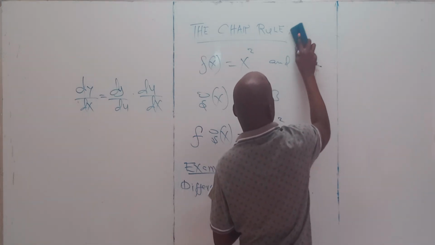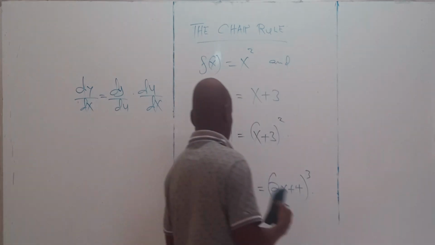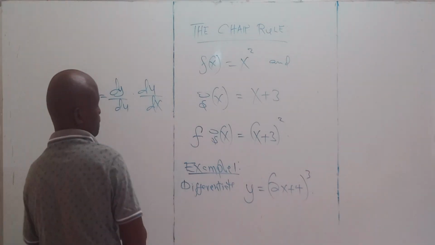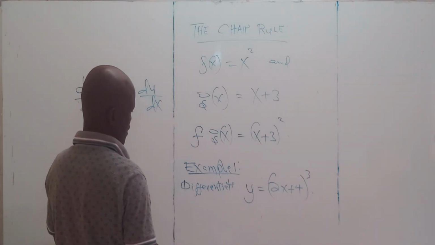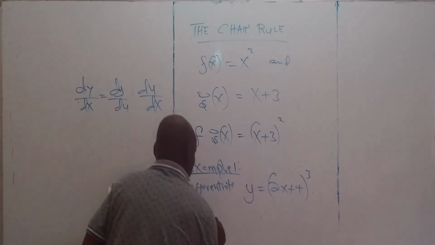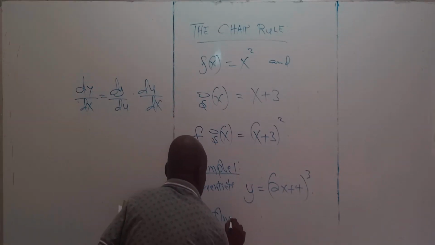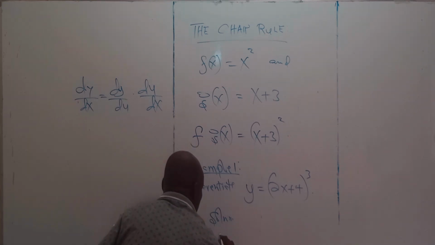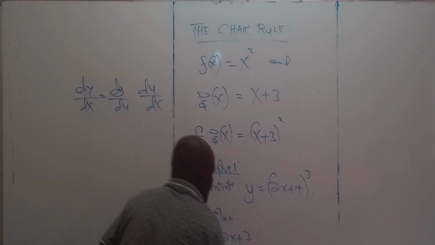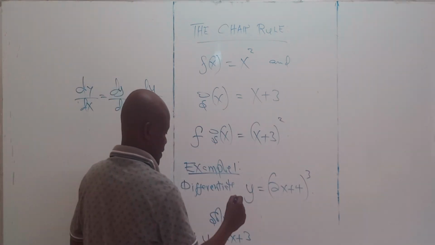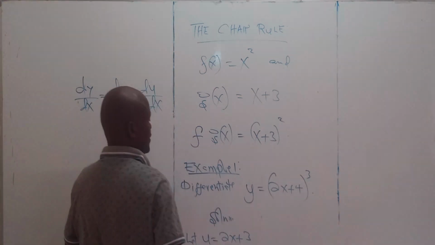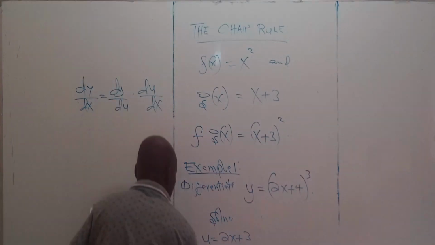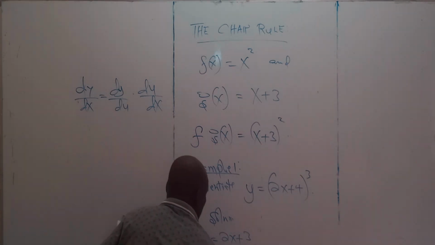But now in my solution, I'll say let u be 2x plus 4. And if I say that, then it should imply that y is equal to u cubed.